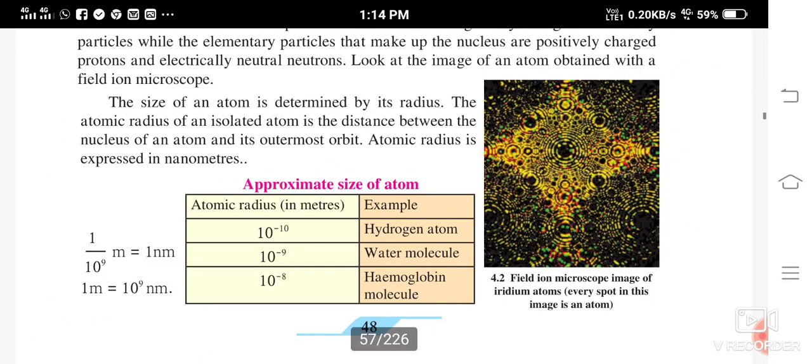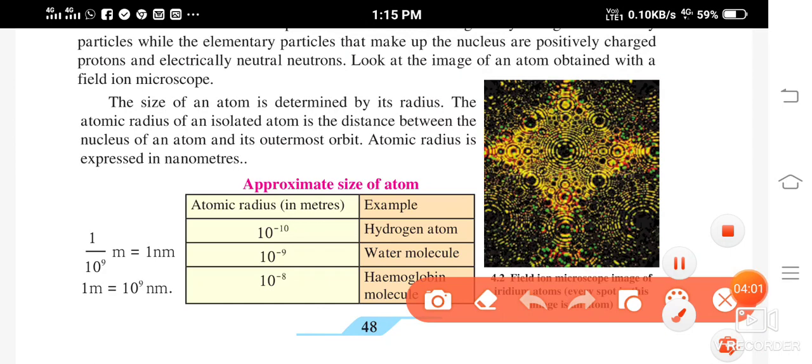The size of an atom is determined by its radius. The atomic radius of an isolated atom is the distance between the nucleus of an atom and its outermost orbit. You know what the radius is, right? It is the distance from the central part to the outermost, that is the circumference of the circle.